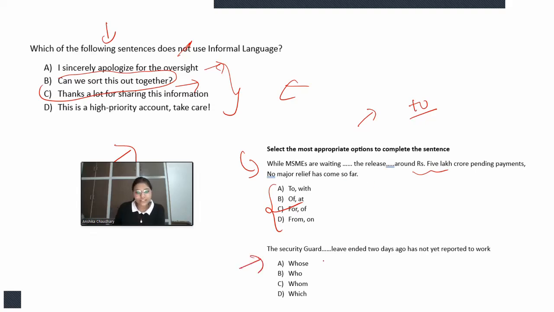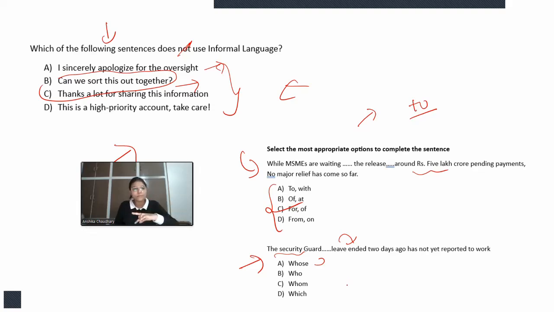Moving next, "The security guard leave ended 2 days ago has not yet reported to work." So here we are talking about the security guard, right? Leave ended 2 days ago. Leave is something that belongs to the security guard; the guard has leaves. So basically, we are talking about the leaves that the security guard has, right? That's why we will use "whose," to show possession, whenever it is denoting the relationship or connection of two things or two people.